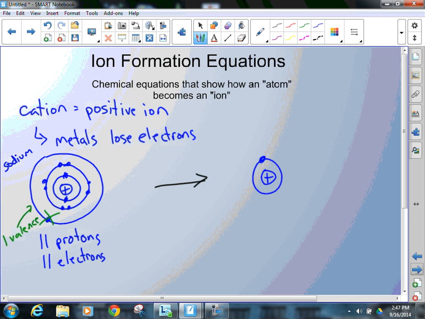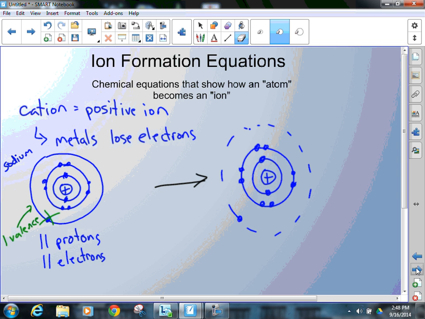We'll still have 2 electrons in the first level, and it will have 8 in the second level just like it did before, but it won't have this level out here because that electron that was there is now no longer part of this atom. Instead it lost that electron. So I'm going to erase this whole level. If there's not an electron there, there's no energy level.